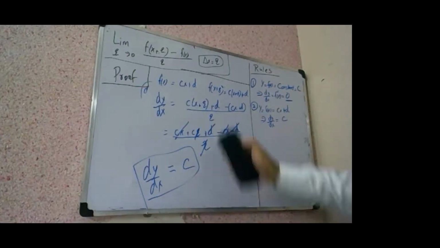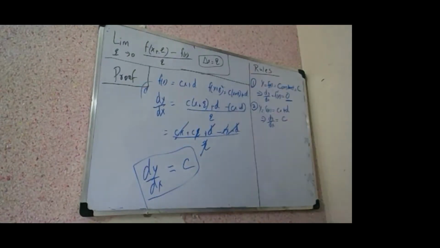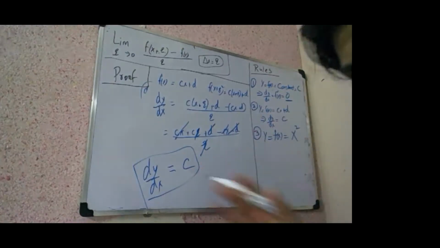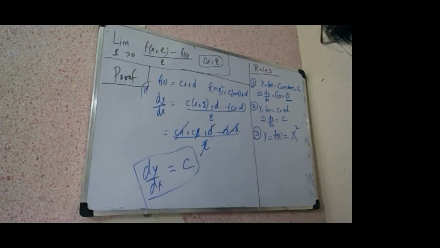Now, you can have a look and then we will go further. Rule number 3, which is y equals function of x equals x square, which means any quadratic function, right? How to deal with that?